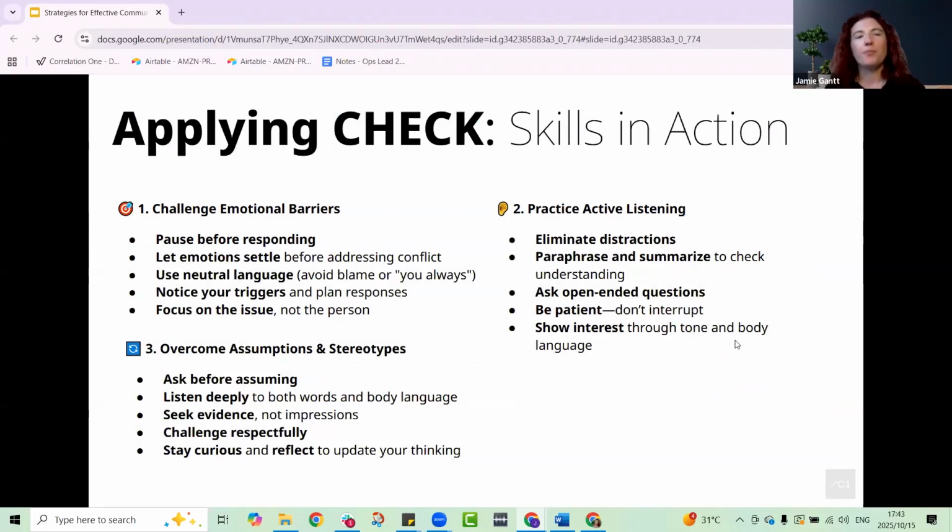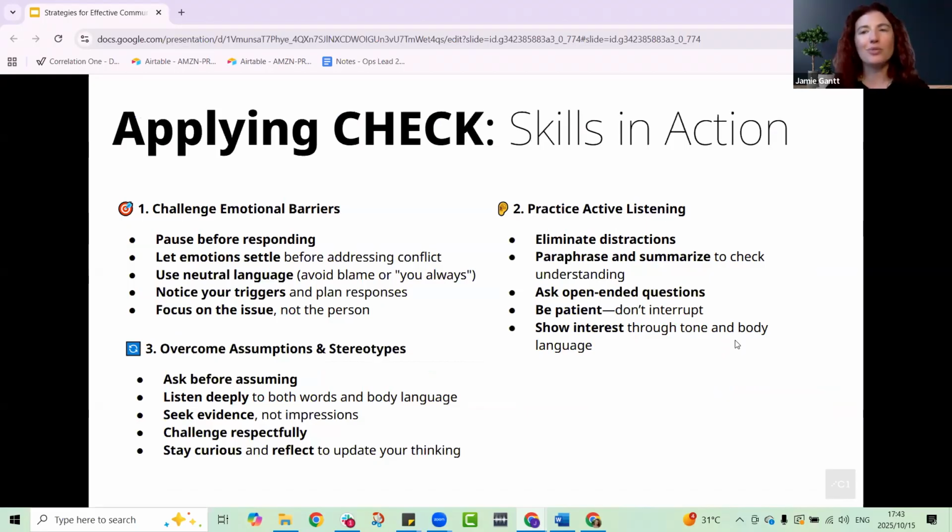Okay, so we want to always challenge the emotional barriers, right? So if we are in a situation where miscommunication is happening, there are misunderstandings, use that STOP framework, pause, just like Vasile shared, pause, take a moment. You want to work through the assumptions.